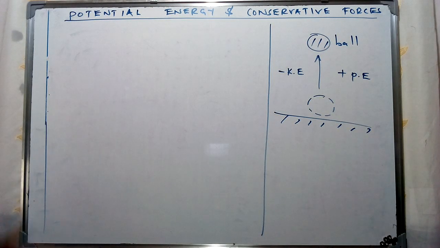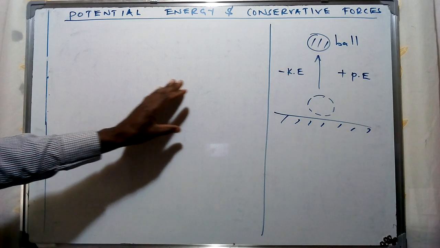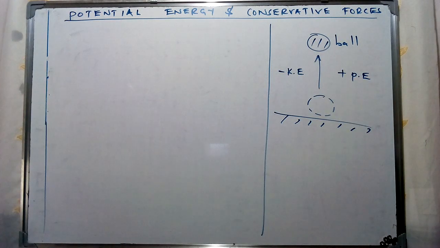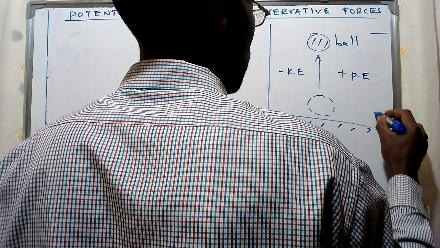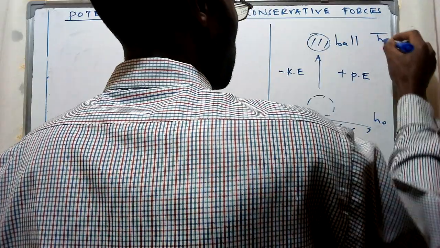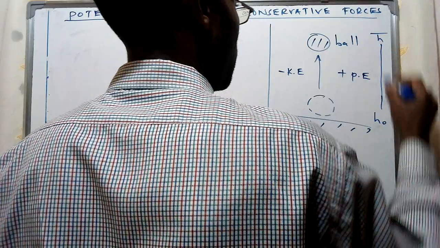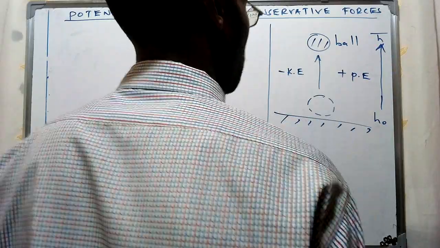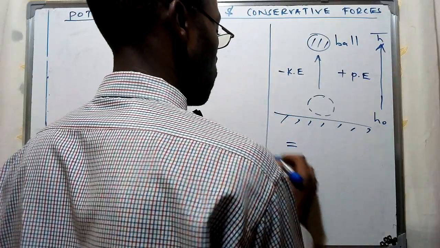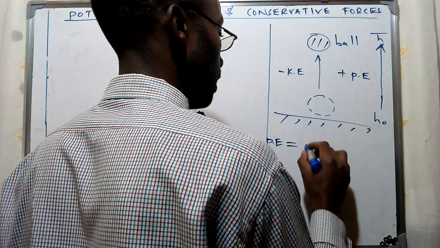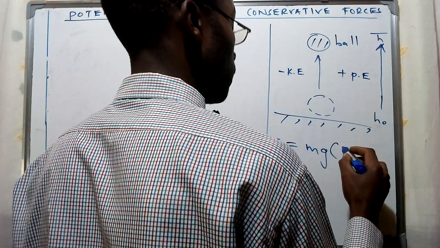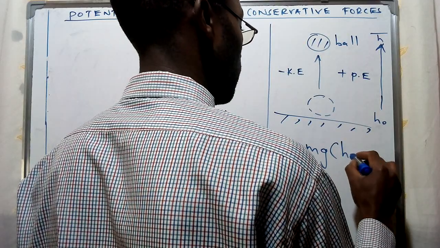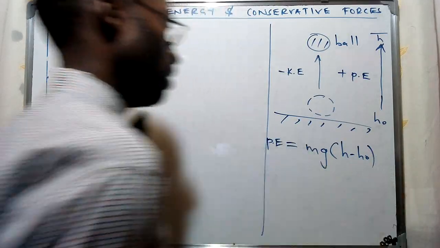Now this can be described by looking at the work done by the gravitational force that's going to be associated with the change in potential, whereby if we had this ball located at the ground level given as h naught, and it has been displaced to a level of h, we see that we can give this potential energy in terms of the product of mass times acceleration, and of course the height, which can be given in terms of the difference between h and h naught.